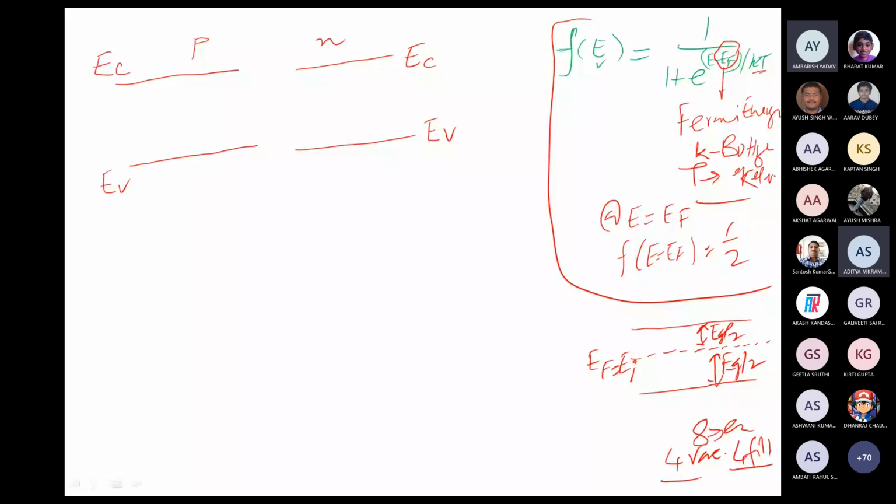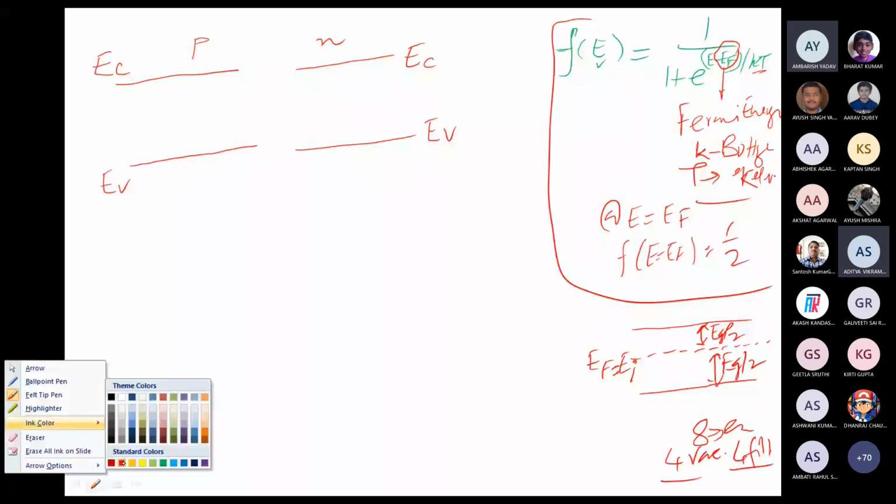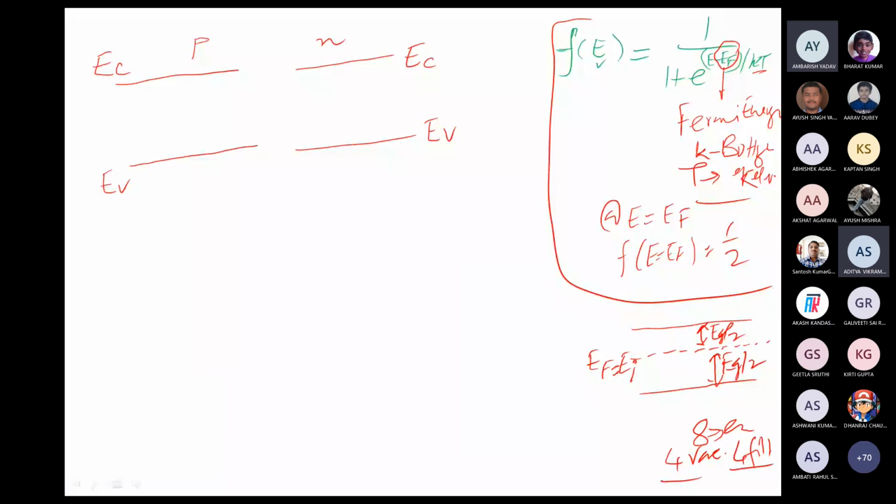Now, if we look at the P type, then externally we are doing something so that holes are created, whereas in the N type, electrons are created. Electrons created means more electrons are in the conduction band.